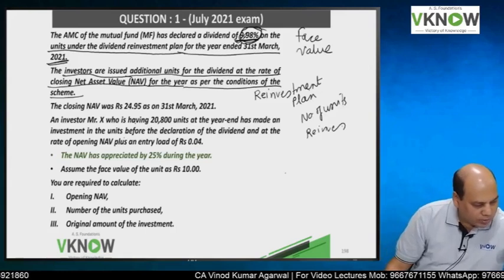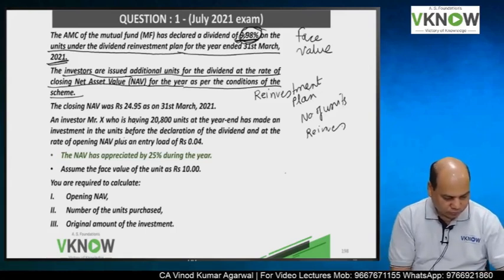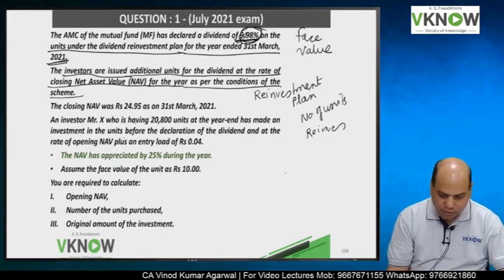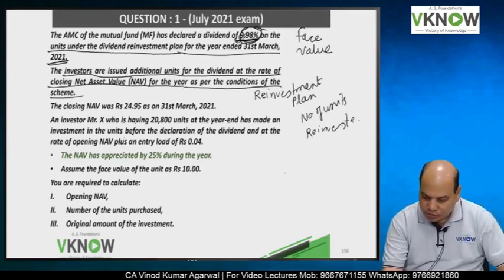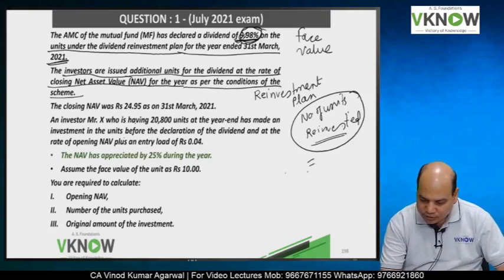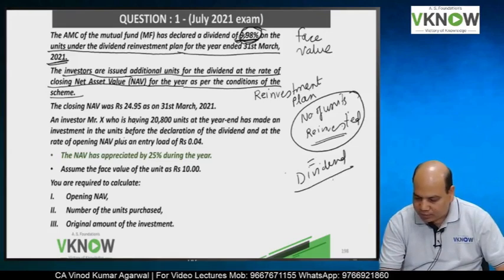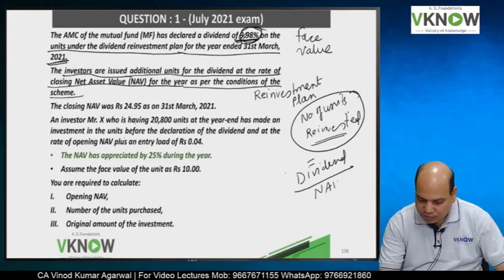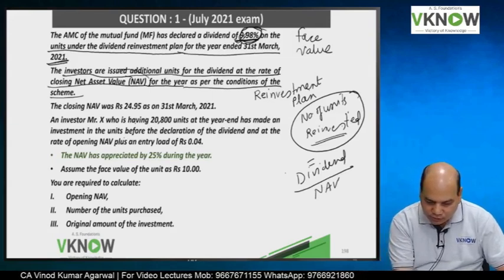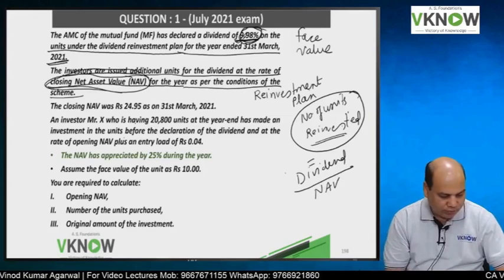Number of units reinvested is equal to dividend divided by NAV, which in this question they are saying is equal to closing NAV.